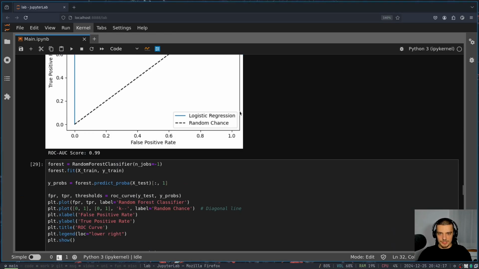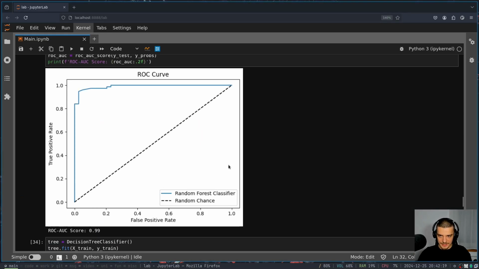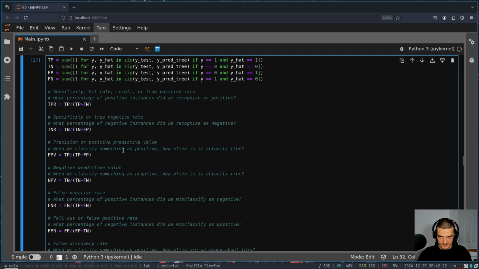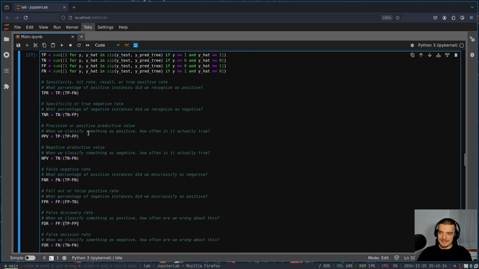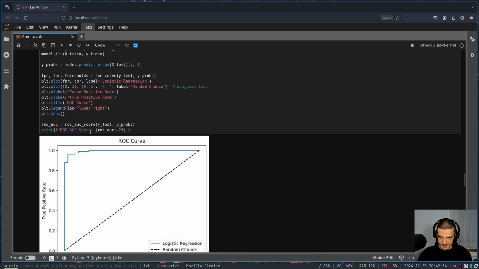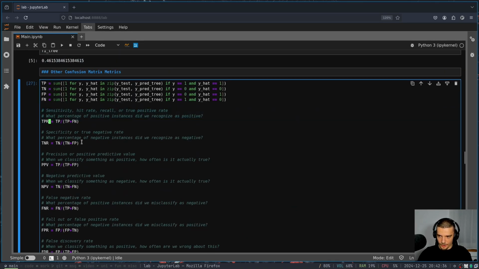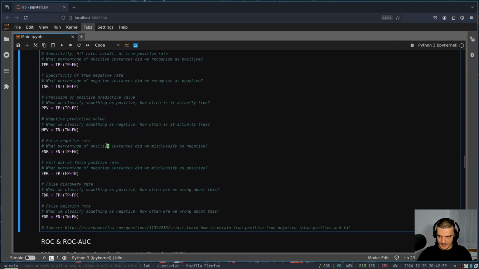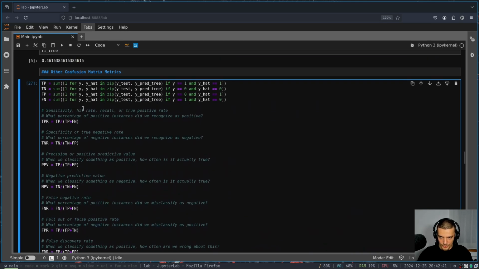So I hope this was not too fast, not too quick, but that is basically what these metrics are for. And the two important ones, to just mention them again before we get to the next one, is we want to have the true positive rate and the false positive rate. So we have the TPR and we have the FPR. Again, keep in mind, TPR is recall.